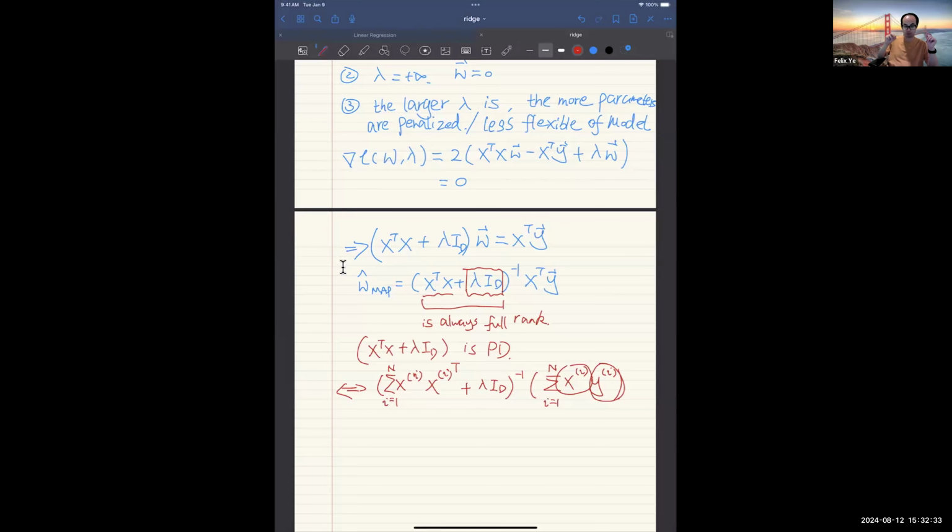So this is a row multiplied by a scalar, and then you sum them together. But a more convenient way is just using the matrix notation.